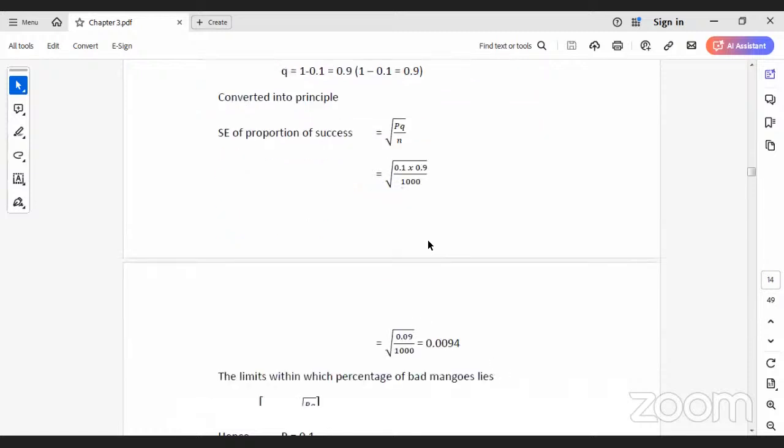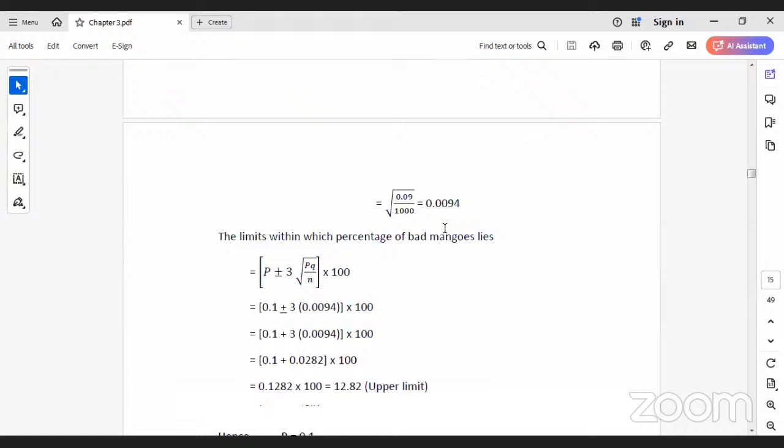Okay, so that is 0.0094. The value of under root PQ by N is 0.0094.